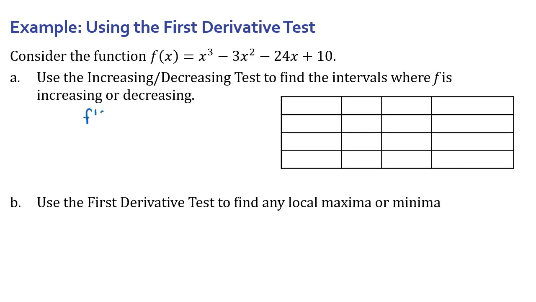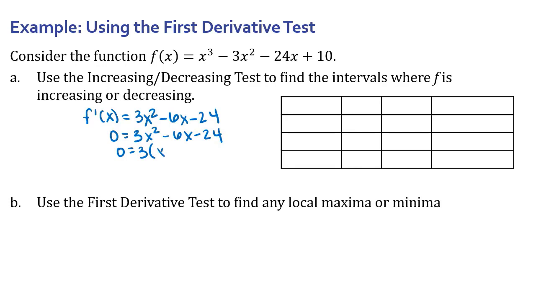So either way, we need to find the derivative. The derivative of this function is going to be 3x squared minus 6x minus 24. To figure out where this is positive or negative, let's first find the critical points so that we can separate this out into intervals. So set this equal to 0: 0 equals 3x squared minus 6x minus 24.